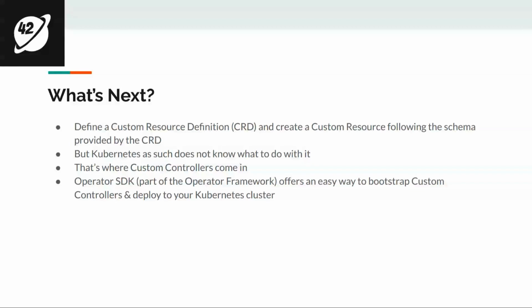And when we glue them together, this is exactly what we get through operators, right? The custom resource that we define and create, and the custom controllers, which are basically the control loops, which are now going to be aware of this custom resource and will implement the business logic, which will take a list of actions and deal with the lower level mechanics of Kubernetes.